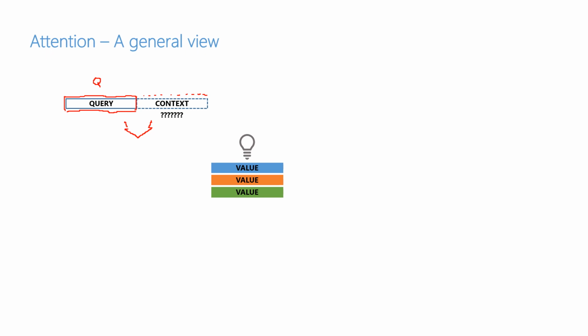To find how we can obtain the content for this context that we don't have yet, we know that we have some kind of database or knowledge base or set of pieces of information that we know contain useful data that could help us in building our context for our query.